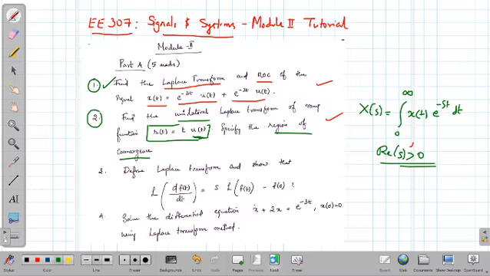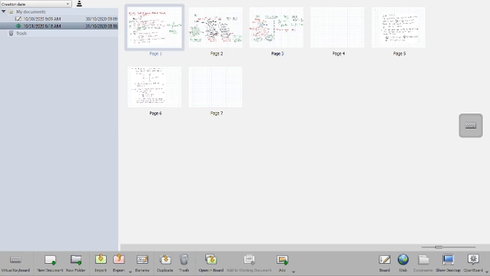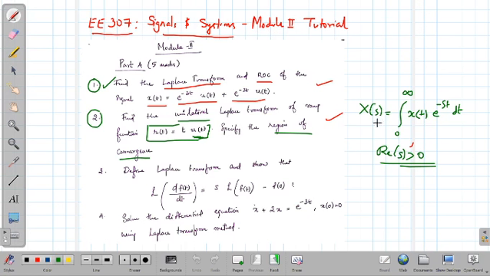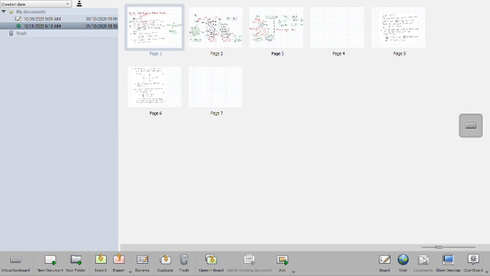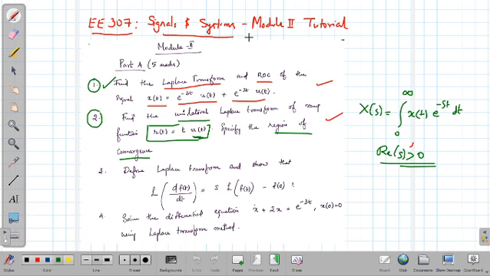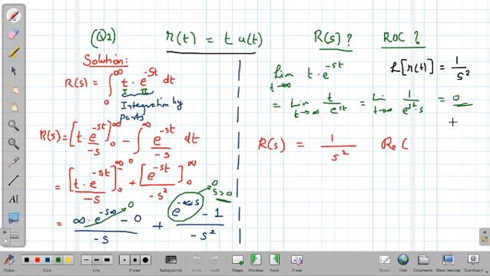Okay, so the region of convergence is real part of s greater than 0.